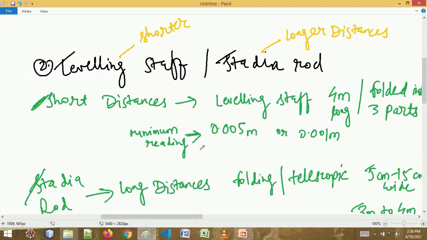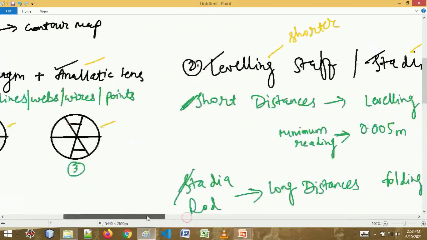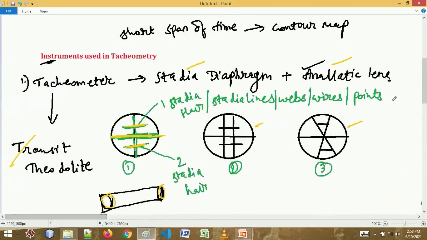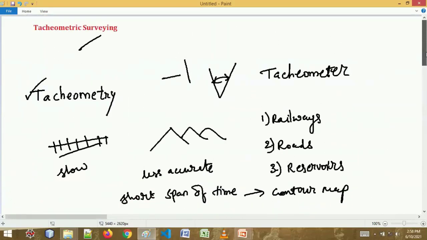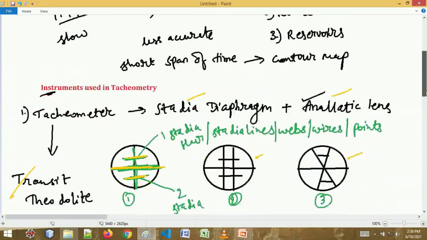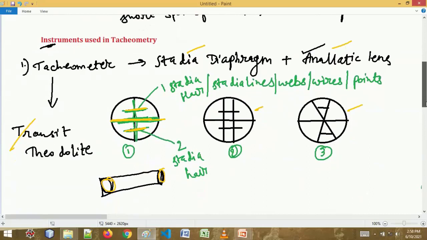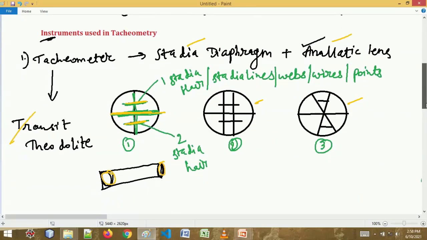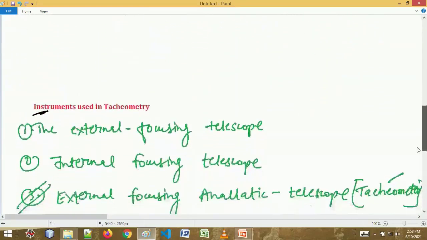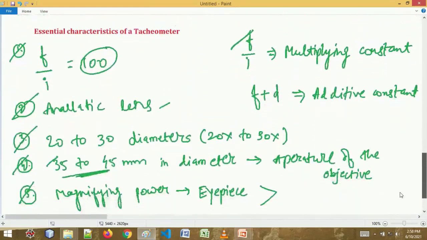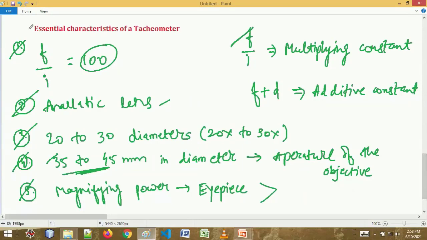So with this we have reached the end of today's topic. We have seen what tachyometric surveying is, what the various instruments used in tachyometry are, that is a tachyometer, a stadia rod and a leveling staff, and we have also seen the 5 essential characteristics of a tachyometer.